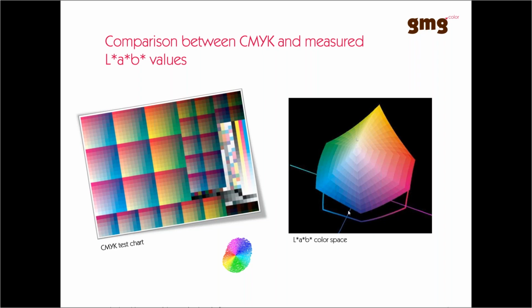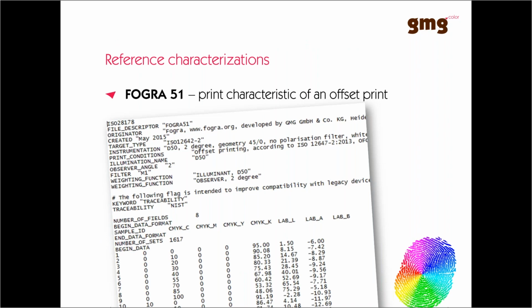The currently most discussed print characterization is FOGRA 51, and you can download the FOGRA 51 characterization data from the FOGRA website, www.fogra.org. As part of this FOGRA characterization data, which is just simply a plain text file, you have the written information for each single patch.